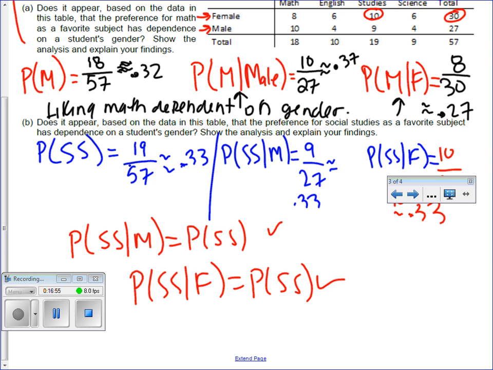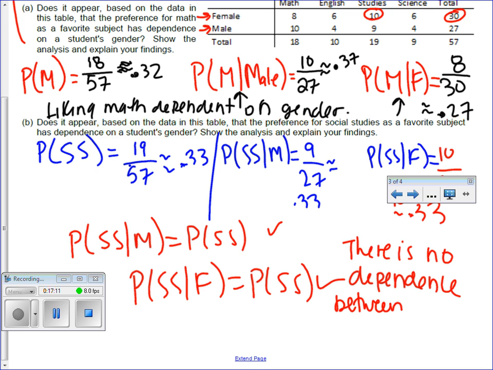When that happens, that means that the events are independent. So there is no dependence between gender and liking social studies.